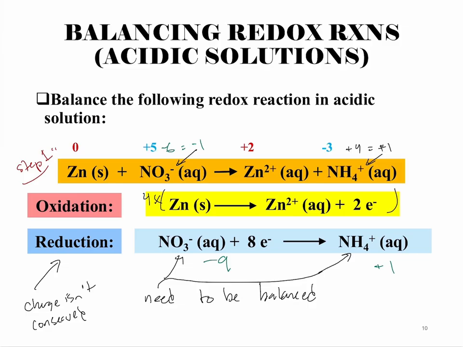So the total charge on the product side is 0. And what's the total charge on the reactant side of our oxidation reaction? 0. So the charge is conserved for our oxidation reaction. We don't have to worry about that. When we do the balancing of the oxygens and the hydrogens on this side, that will solve our problem of charge neutralization, right? We can't just throw in electrons wherever we want, but we can supplement charge with our hydroxide and hydronium ions: hydronium in acidic solutions, hydroxide in basic solutions.